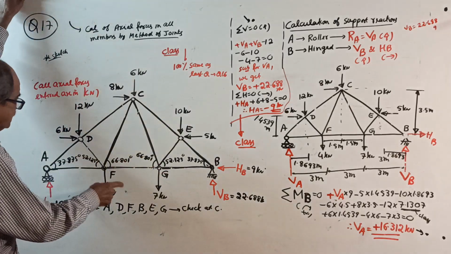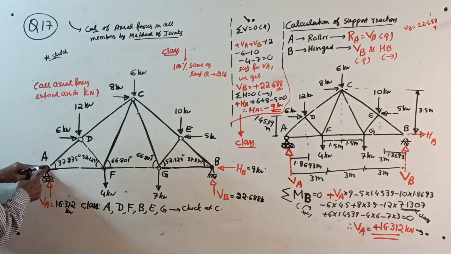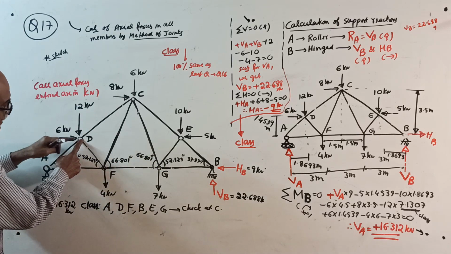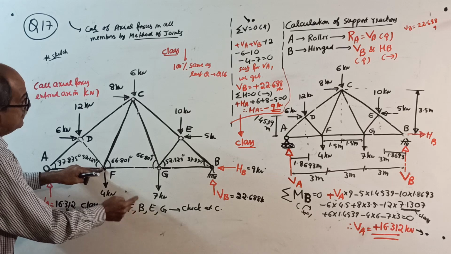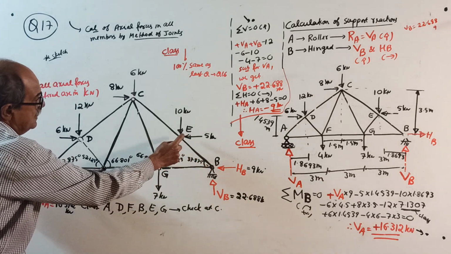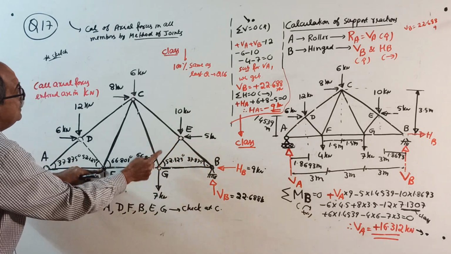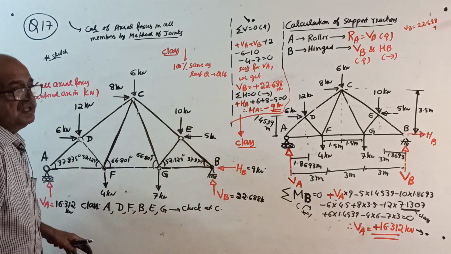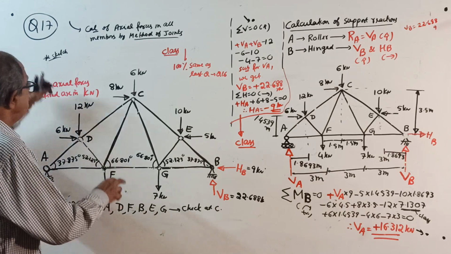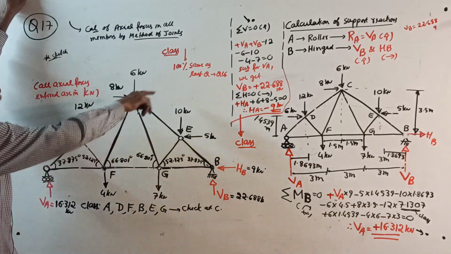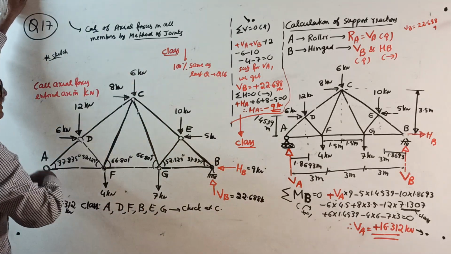Last time we started from A, after A we went to D, after D, F, then we went to B, then E, G. We checked at C. Do the same procedure joint by joint, calculate somewhere there and come and enter the answer here.